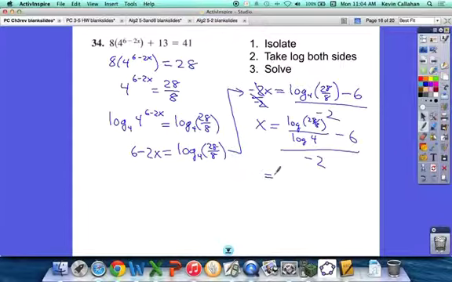And so our base is 4, it's 28 divided by 8, minus 6 divided by negative 2. 2.548. Make sure if you're doing that in the calculator that you either have all of that in parentheses, or put that in the calculator first, hit enter, and then do the divide by negative 2.